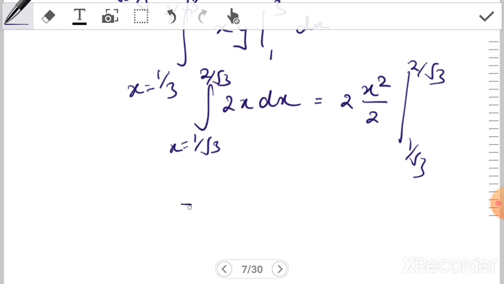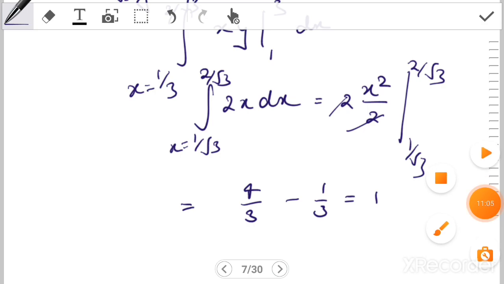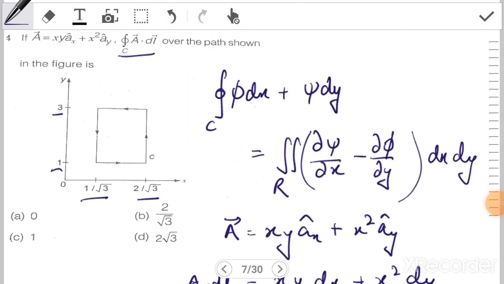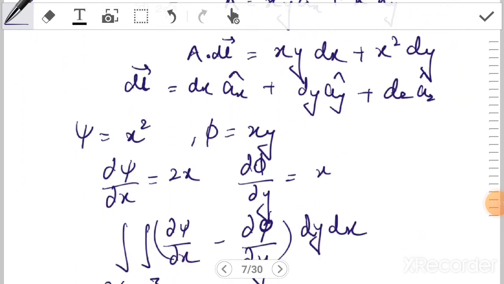So we have 4 by 3 minus 1 by 3, which is 1. So 1 is the answer. Okay, let's move to the next problem.